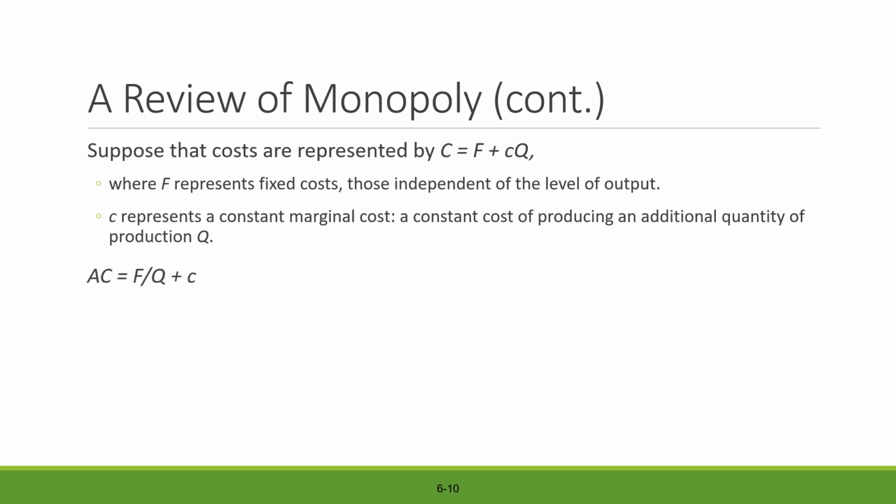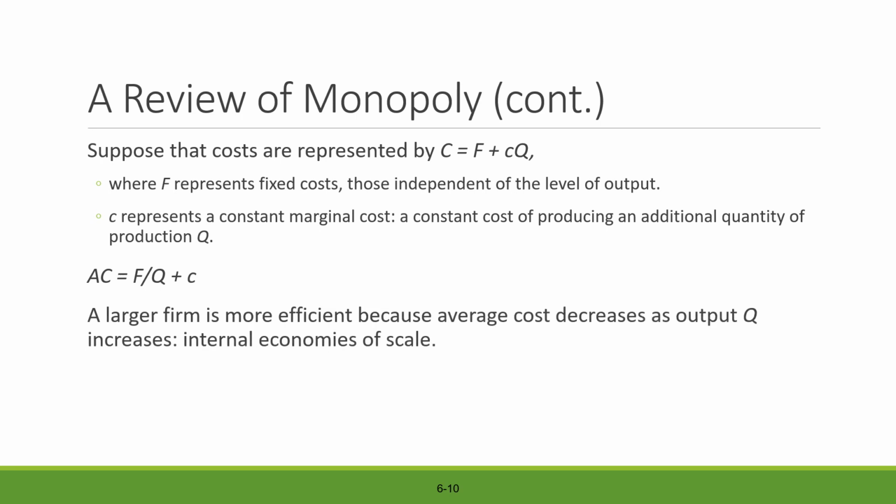So average cost is equal to F by Q. We are basically dividing the left hand side and right hand side by Q. So we are left with AC equal to F over Q plus C. A large firm is more efficient because average cost decreases as output Q increases. This is basically the internal economy of scale. For a larger firm, the fixed cost per unit continuously declines.